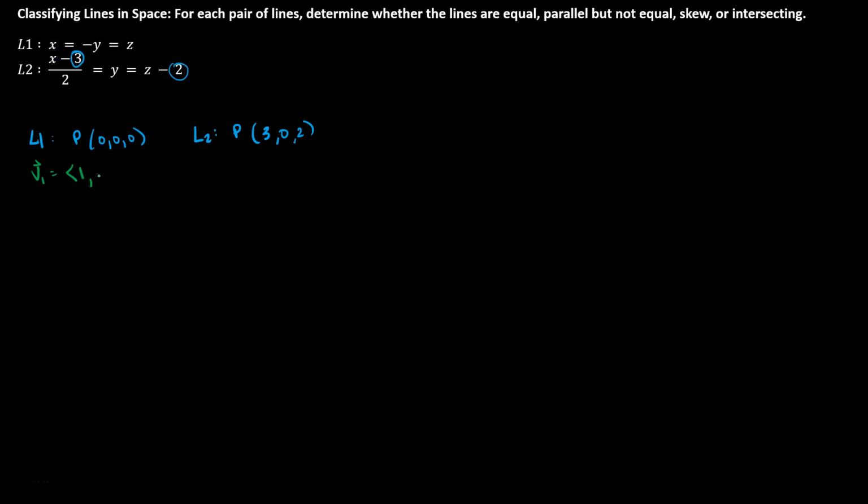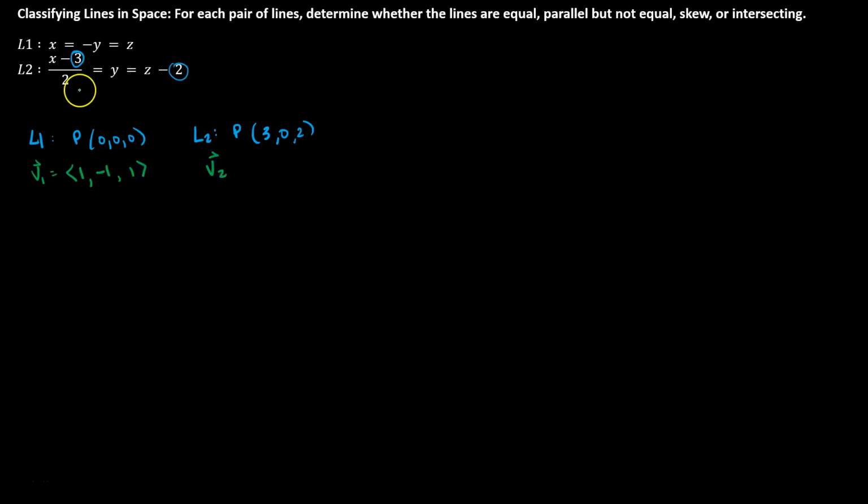So I have 1 for the component in the x position for v. The middle part of our equality has negative y, and the only way for that to have happened is if there was a negative 1 in the denominator, and then it was just written as negative y rather than y over negative 1. So I know that the second component is negative 1. And then for z, I would have to have a positive 1.